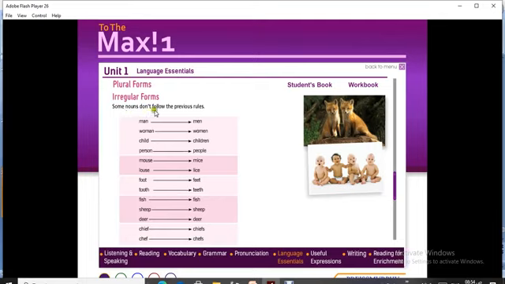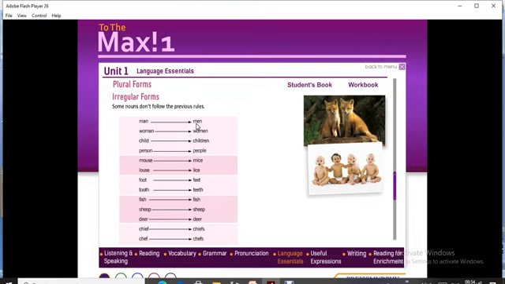Some nouns don't follow the previous rules. For example, man, men. We change the inside spelling of the word.